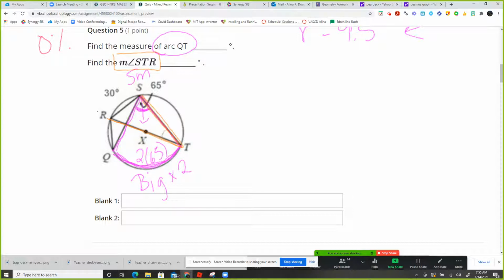So now I'm looking for the small thing, and the big thing is up here. So if the arc is big, that's the 2x. This is the 1x. So I want to divide the big thing by 2 in order to get the small thing. If the arc is 30, then the angle is going to be 15.